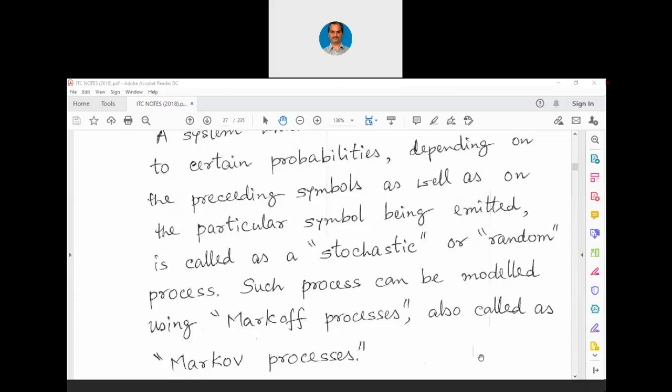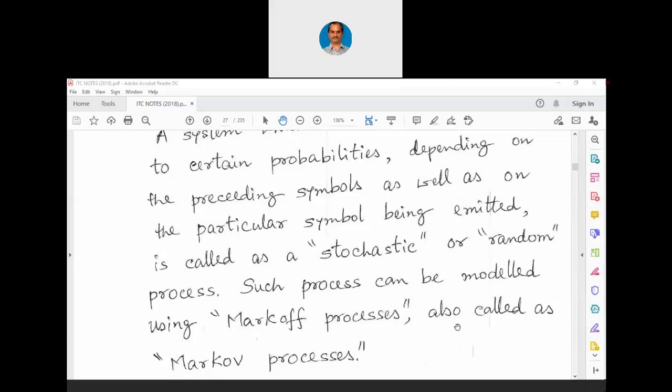One such person is Markov. Markov has used these models extensively, and later on the same model was used for modeling telecommunication traffic. Now, the same model is used in information theory also. Why? Because information theory again is dealing with communication traffic or telecommunication traffic.